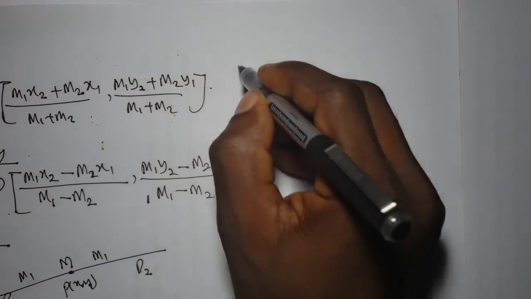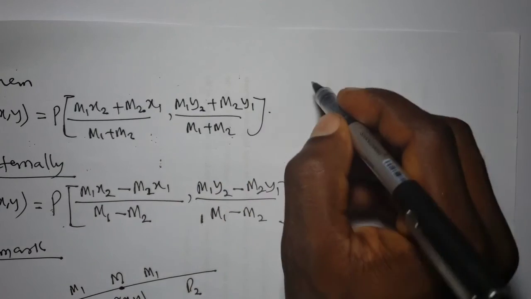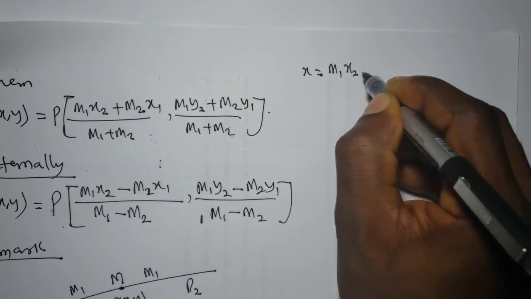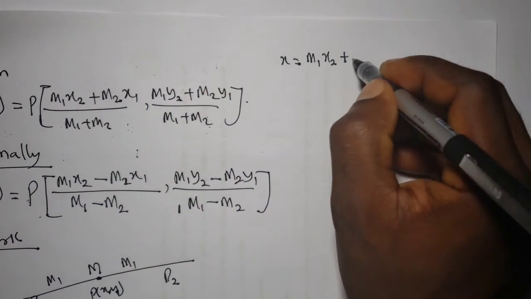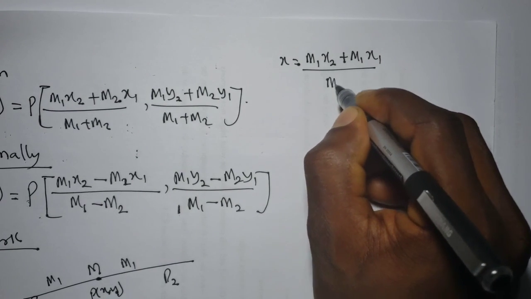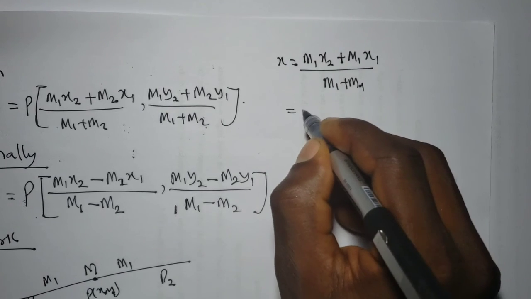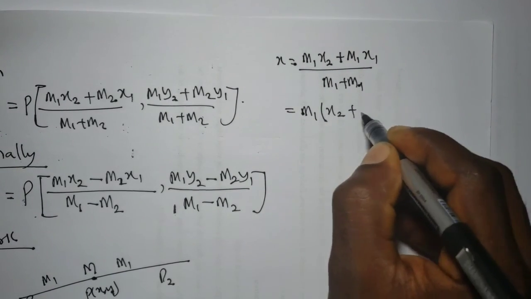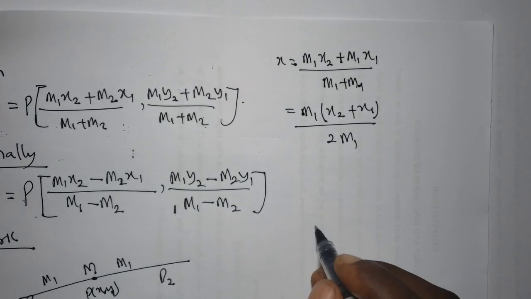Okay. So what will now be the coordinate of X and Y in this case? You know the X coordinate from here is this. So it will now be M1 X2 plus M2, which is also M1 because they're the same, M1 X1 over M1 plus M1. We can factorize M1. Now we have X2 plus X1 over 2M1.